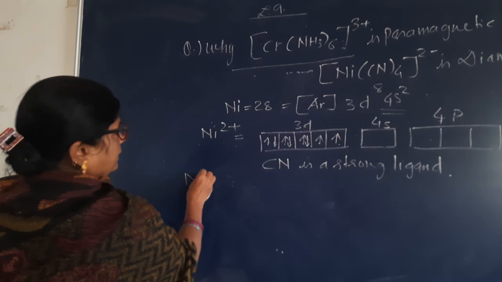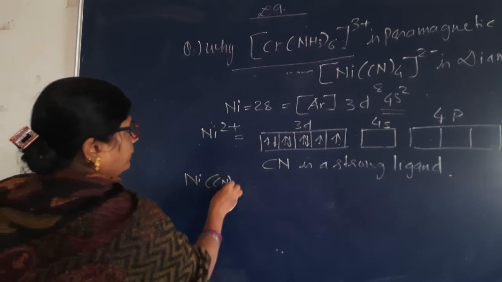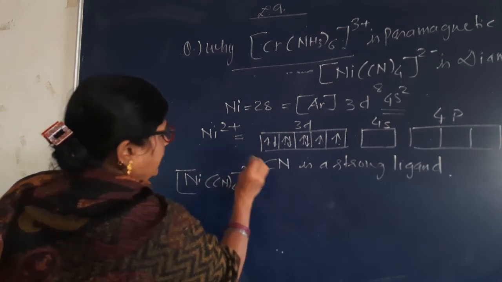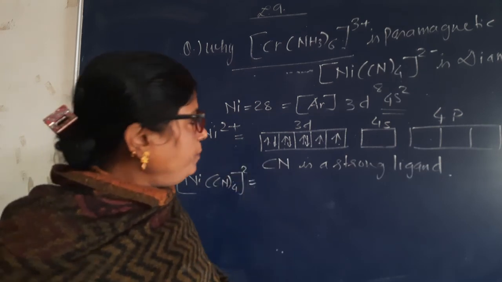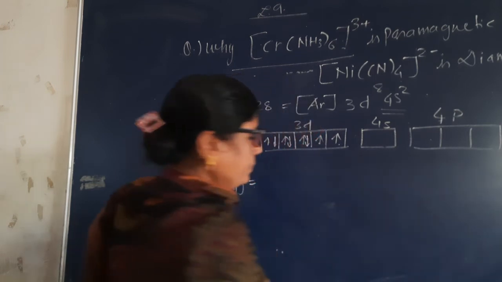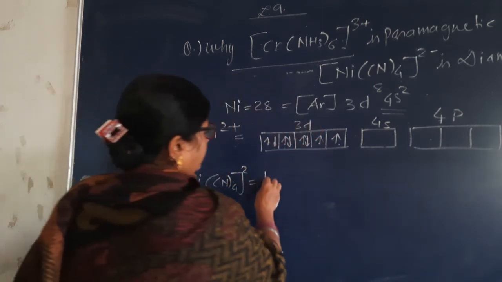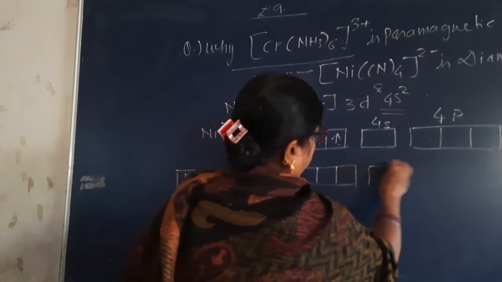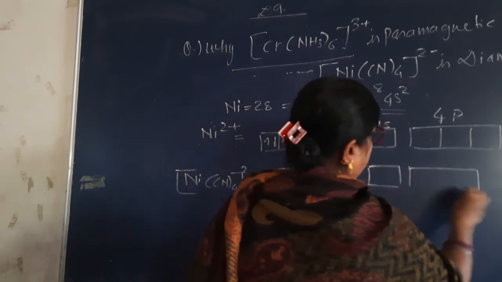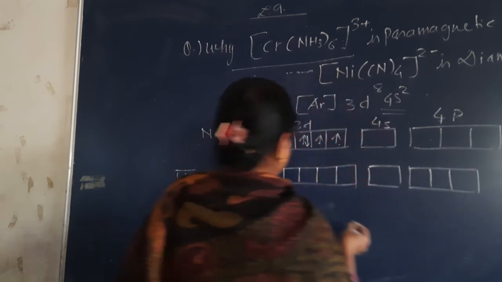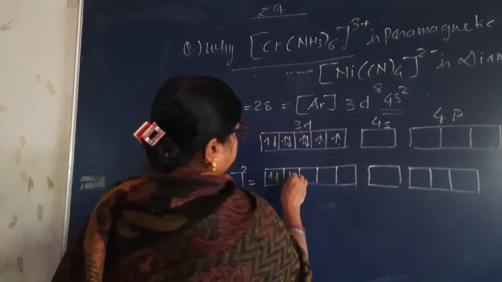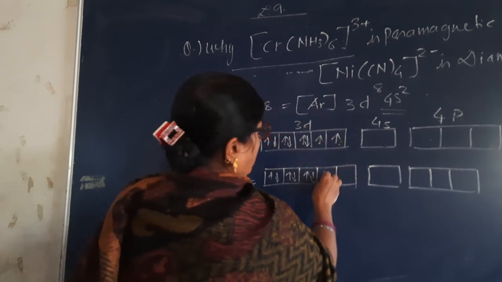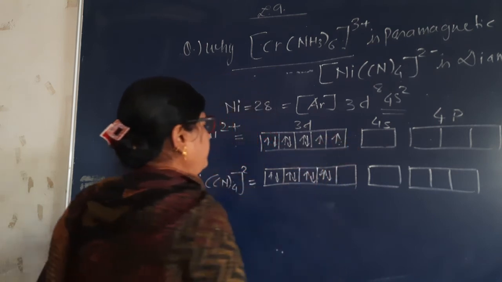Therefore, it will be written as Ni(CN)4 2-. It is a strong ligand, so pairing will be there. Then we will do pairing. Show the pairing here. 3d: 1, 2, 3, 4, 5, 4s and 4p: 1, 2, 3. So these two unpaired electrons will now make a pair. Why are they making a pair, beta?